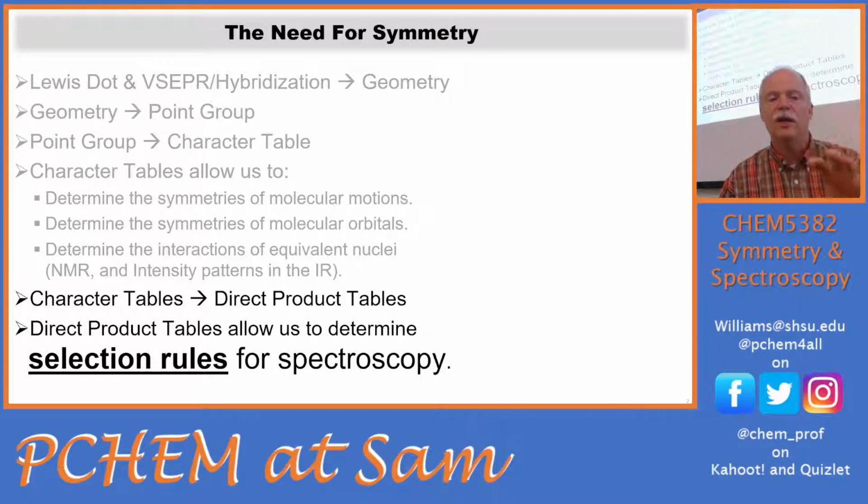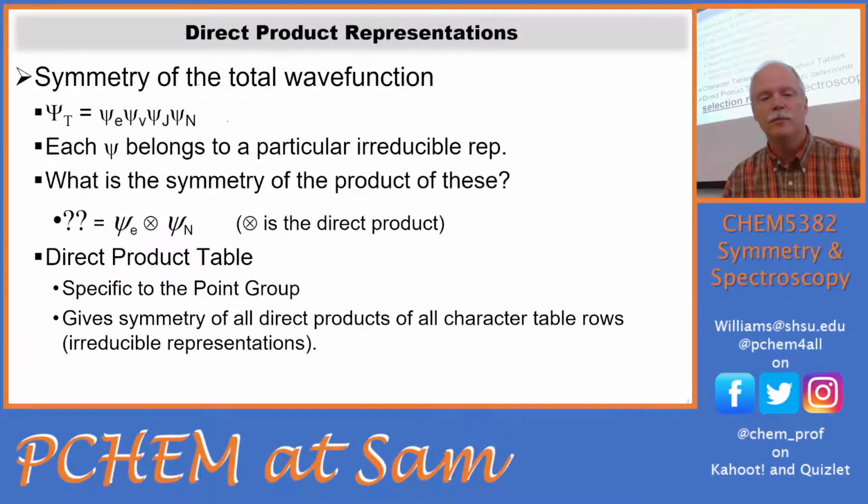So that comes through the character tables and the direct product tables, and that allows us to do selection rules for spectroscopy. Can a photon of light interact with these two wave functions to cause absorption of energy or emission of energy or a scattering of energy? So we have all of those different kinds of phenomena, and we can look at the wave functions and know this is possible and this is not possible.